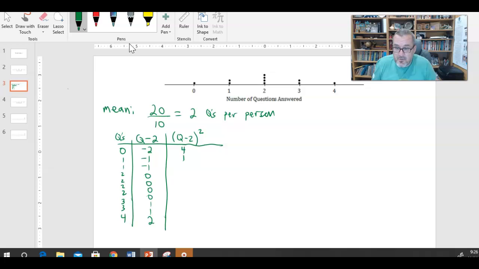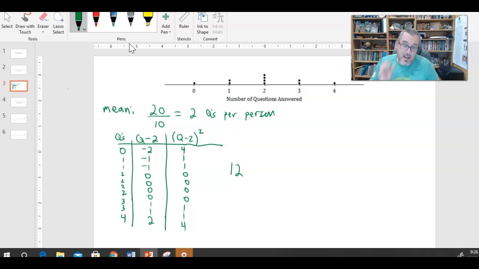Negative 1 times negative 1. Negative 1 times negative 1. Of course, 0 times 0. 1 times 1, 1 times 1, 2 times 2. So instead of adding these up, we add these up. 4, 5, 6, 7, 8, 12. So if we add all those together, we get 12.